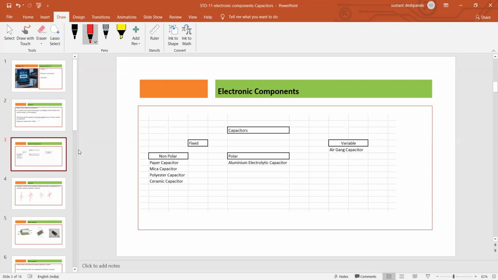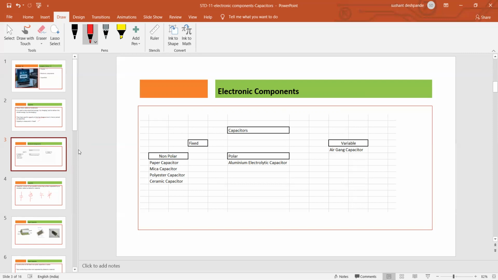For non-polar condensers or capacitors, there are the following types: one is paper type, second is mica, third is polyester, and fourth is ceramic. Polar is the aluminum electrolytic capacitor. For variable, it is the air gap capacitor.